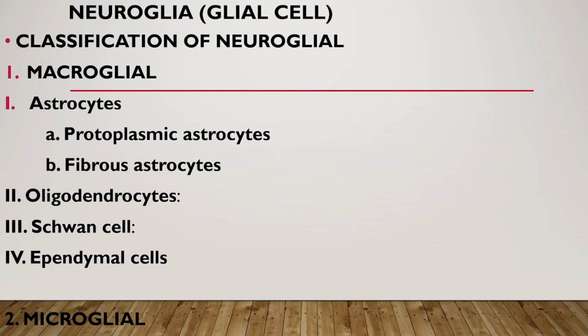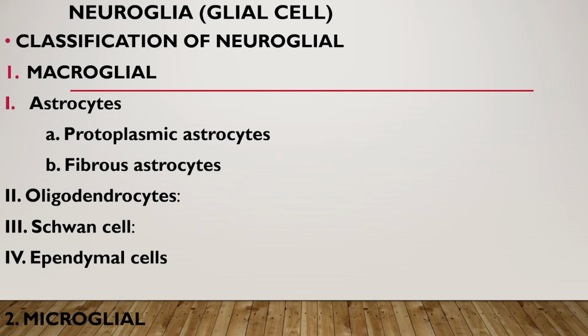Now, there are two types of astrocyte: the protoplasmic astrocyte and the fibrous astrocyte. The protoplasmic astrocytes are found in the gray matter, while the fibrous astrocytes are found in the white matter.